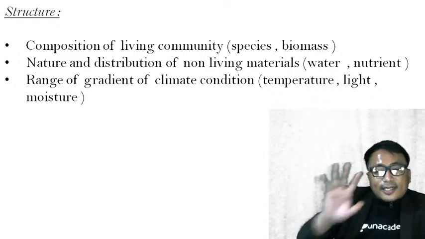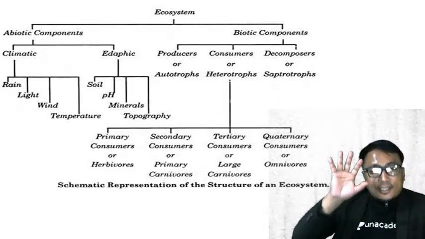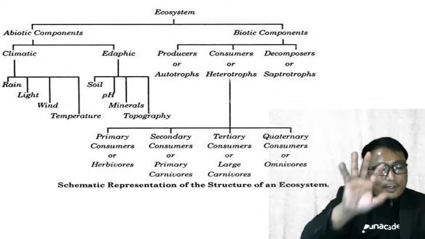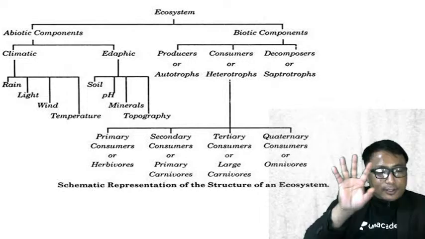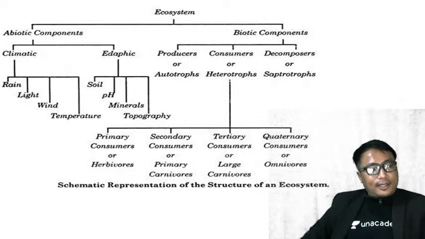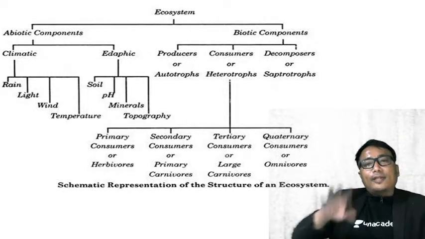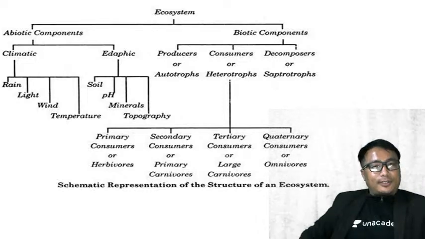So what is the structure of an ecosystem? The schematic representation of the structure of an ecosystem is there in front of you on the screen. This is known as the structure of ecosystem.